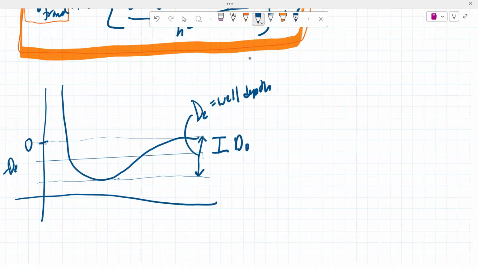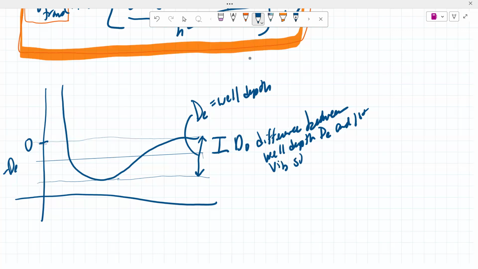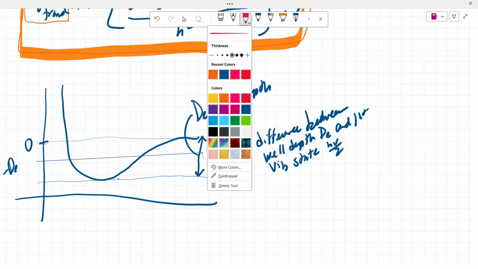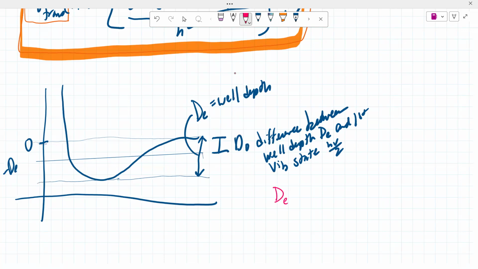D0. This is the difference between well depth DE and the first vibrational state, which is HV over 2. In other words, we could write, okay, let's go back to my pink, DE equals D0 plus HV over 2.